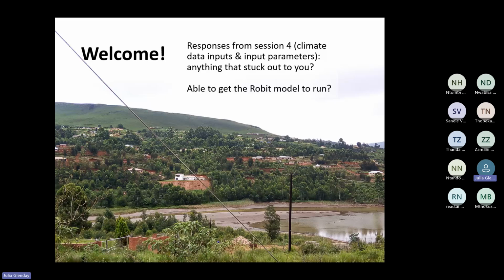I know that uMngeni Water does have a subscription with the HydroNet project, and they make a blended product using, I think, radar and some other station data and satellite data as well. So there are other global products like that as well. So you can use those, and I think it is a good idea to use those given the sparse station network that Ntando was mentioning.